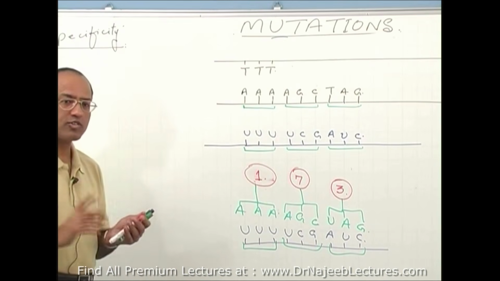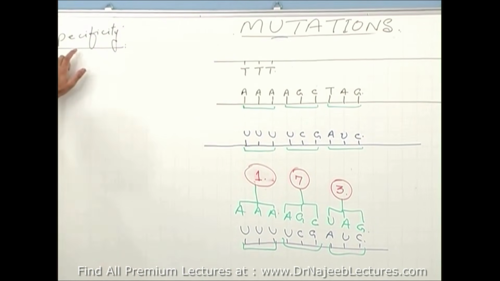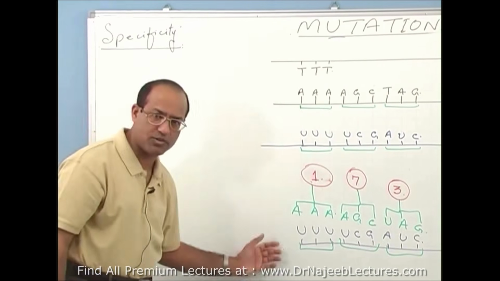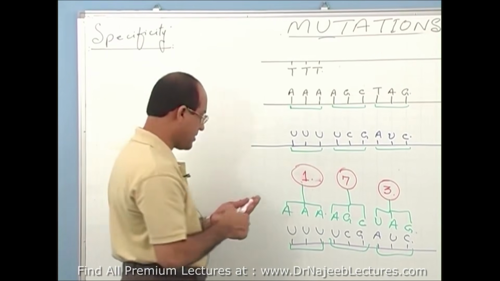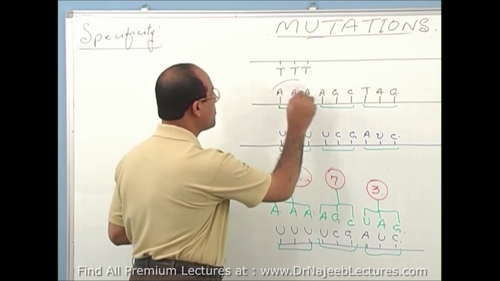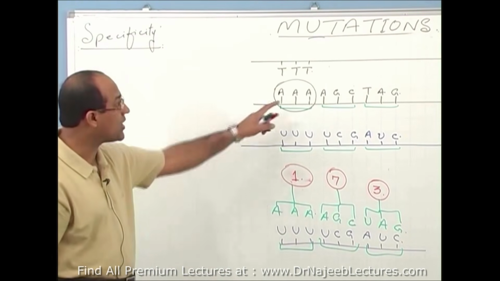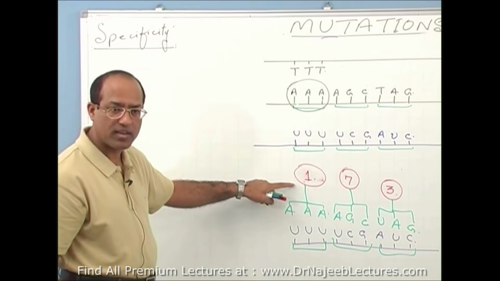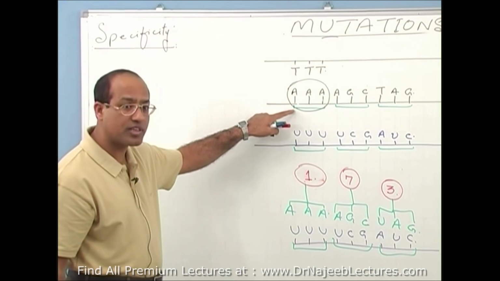Now, let's concentrate on one thing. What is the relationship of the concept of specificity with this particular discussion which we have made? The concept is this, that whenever in DNA triple A will appear as a codon, it will always mean amino acid number 1. It is always a message that what should be inserted there?